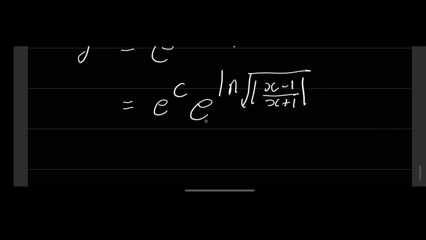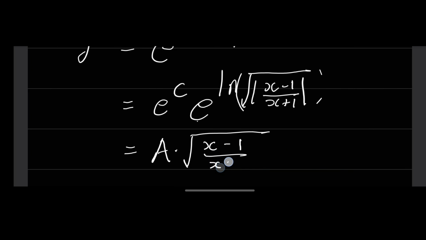Since e is the inverse of the log function, this becomes just the argument up here. So let's just say this constant is a, times the square root of x minus 1 over x plus 1. And that is the solution for the differential equation that we wanted to solve.